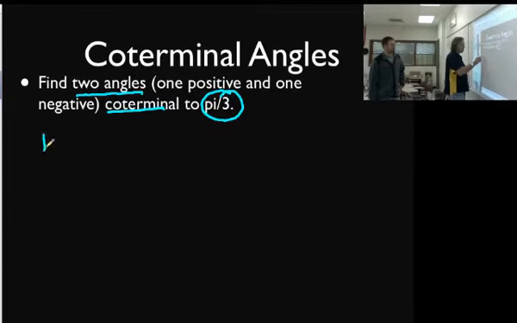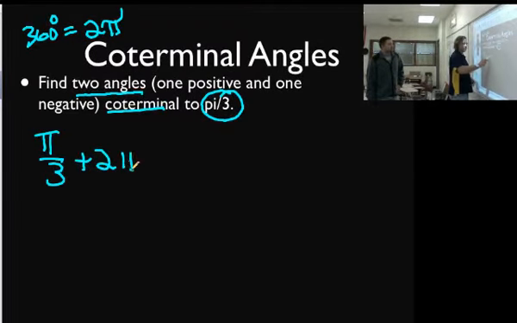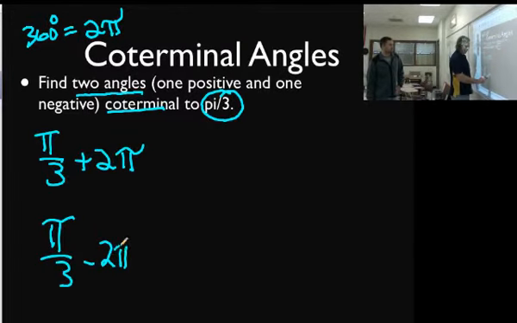So pi over 3. You said add 360, but this isn't in degrees. So 360 degrees is the same as how much in radians? That's 2 pi. So we could add 2 pi to this, or we could subtract 2 pi from this.